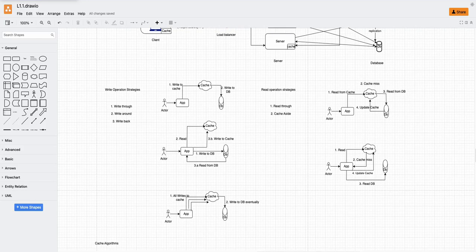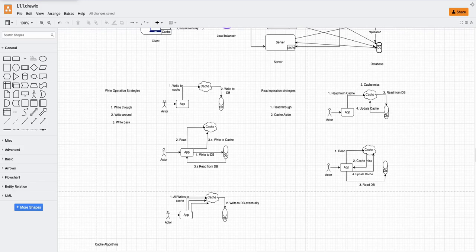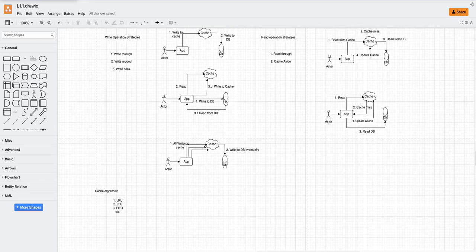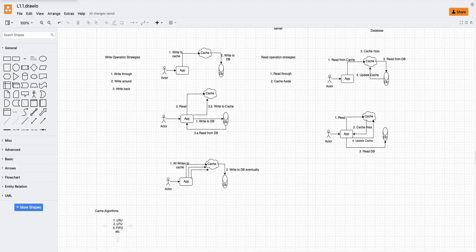Now moving forward, we discussed strategies that we use to read and write in a cache. Now going forward, we have some algorithms like least recently used, least frequently used, first in, first out. There are a lot more algorithms that are used to implement cache.